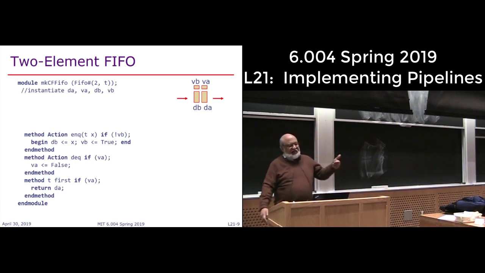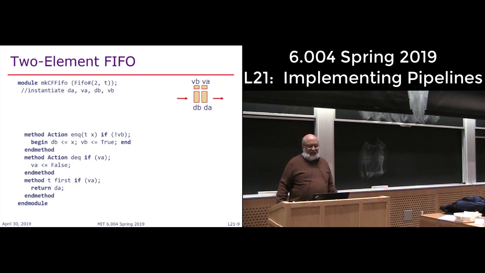So yes, you are successful in NQing, but you have to move it here in order for DQ to work properly. And you can imagine that while this token is in DA, at that time you can do a DQ as well as you can do an NQ. So this will be empty, this will be full. So yes, progress. But the question is, this token has to be moved from DB to DA.